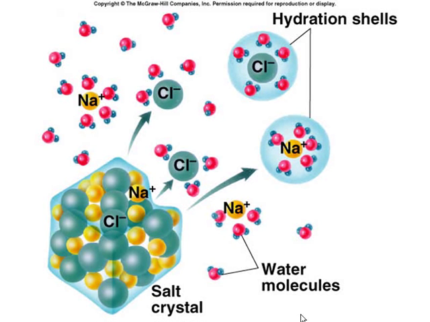And once they can get a molecule away from the salt crystal, they will surround it in what's called a hydration shell. What this does is prevent this sodium or this chloride from ever bonding to another sodium or chloride. The only thing it will be allowed to associate with now is water.